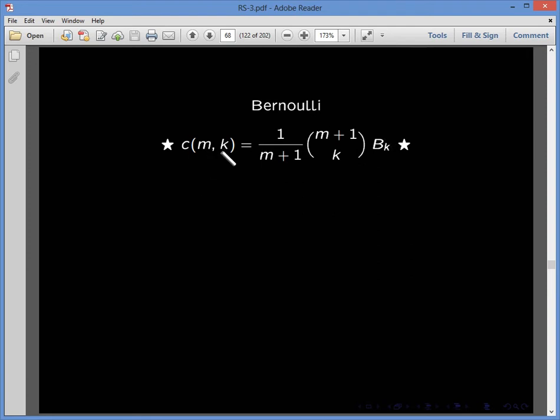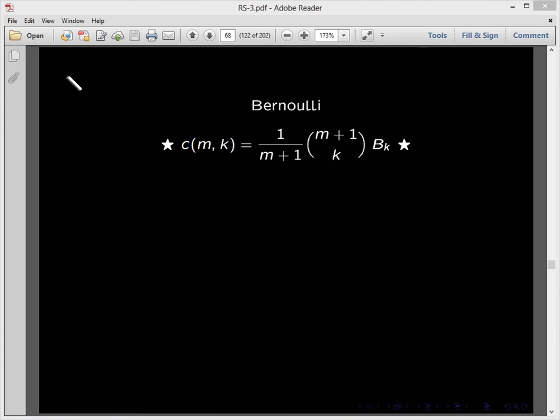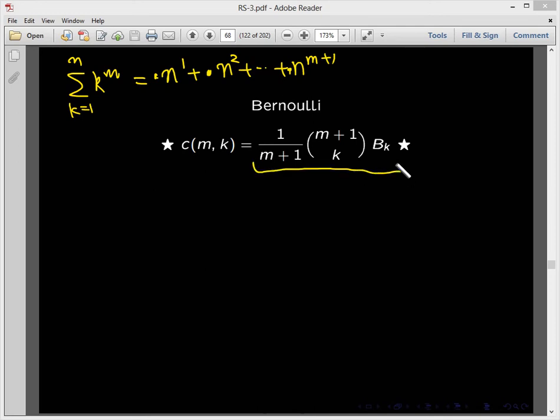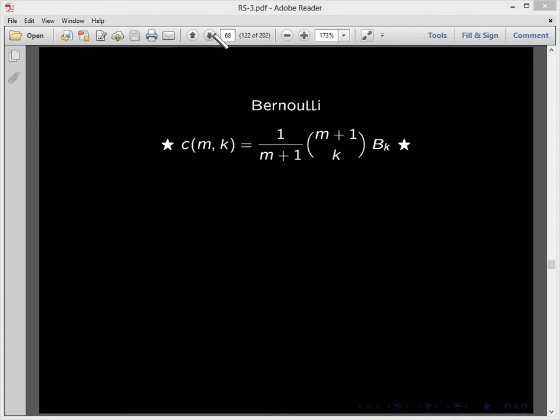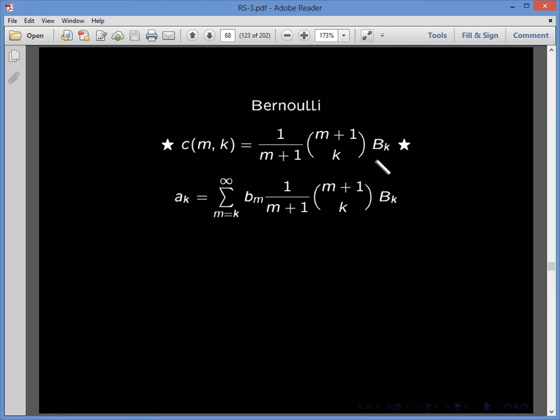So the secret to the C_mk, the coefficient of this k to the m, with k going from 1 through n, is this. It's a polynomial in n, with a coefficient for n to the first, n to the second, and all the way up to n to the m plus 1. That coefficient is now completely described like this using Bernoulli numbers.